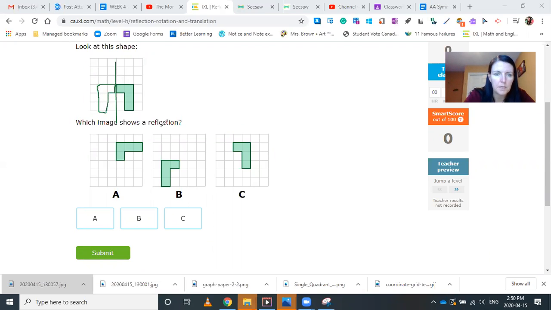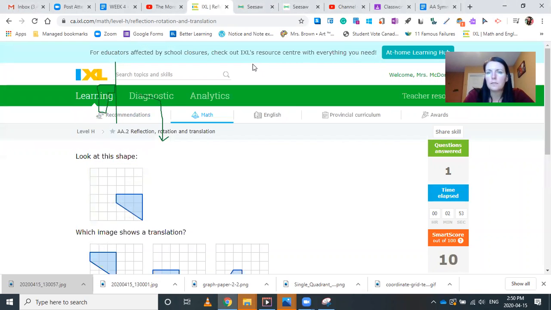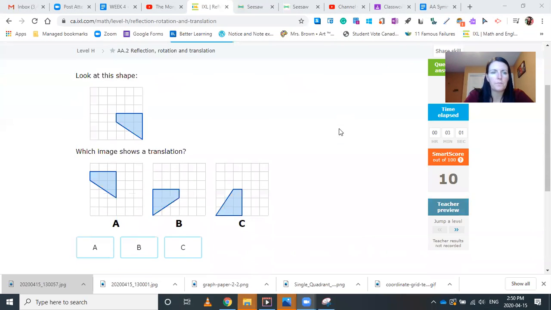Do we have that option? And there it is, right? So you are looking, this is option B, so you're going to click on option B. And there we go. Okay, so let's clear all of those.